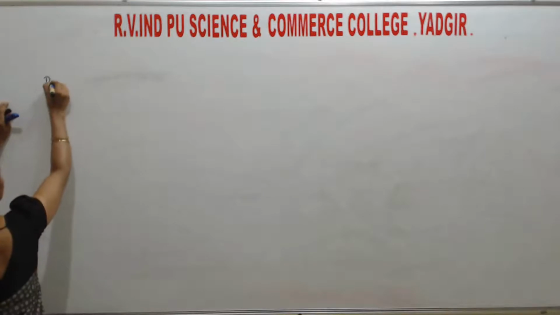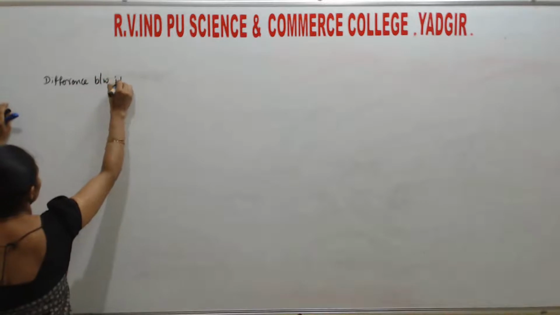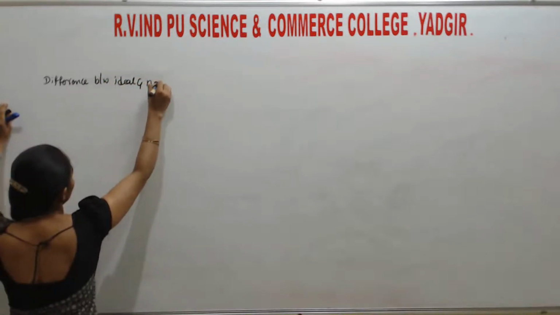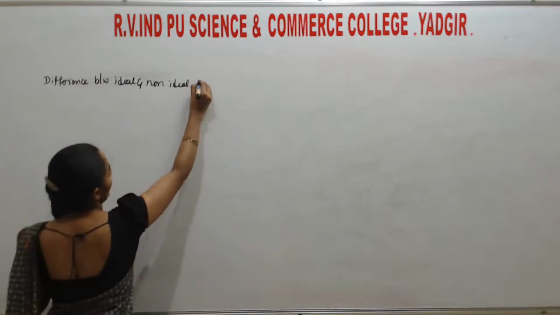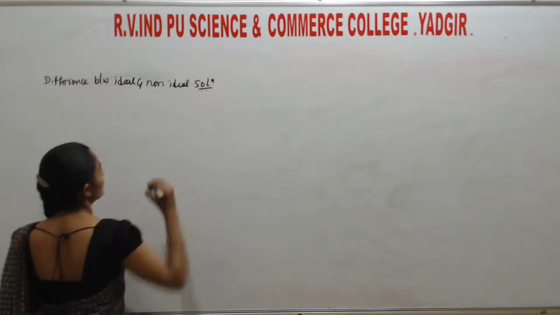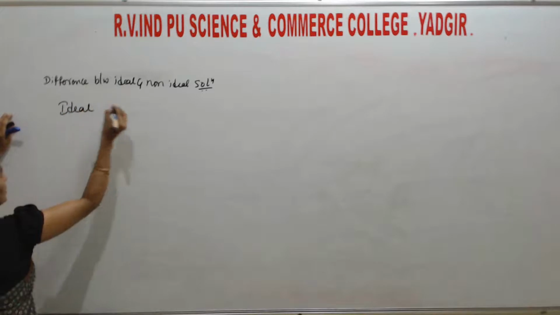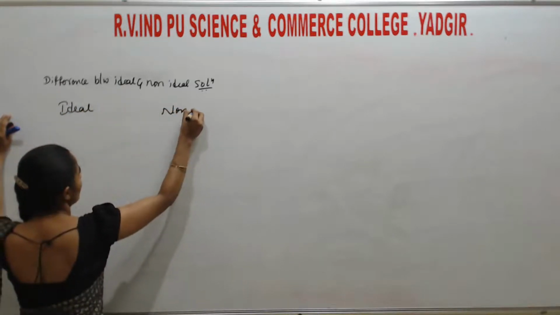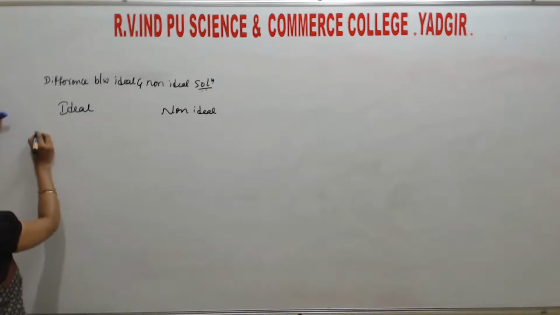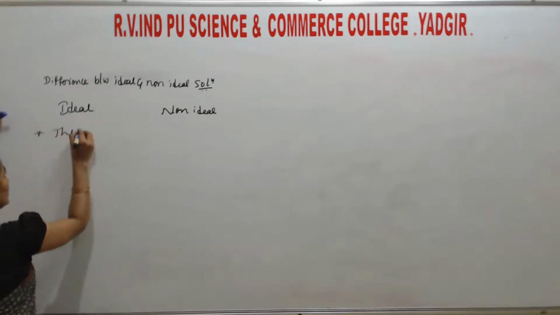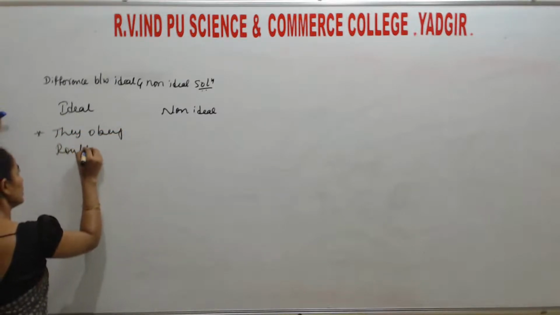First one is the difference between ideal and non-ideal solution. Ideal here, non-ideal here. The first point: ideal solutions obey Raoult's law, non-ideal solutions don't obey Raoult's law.